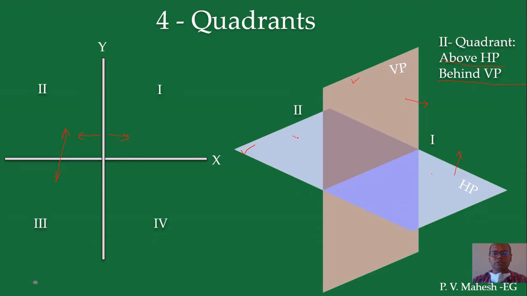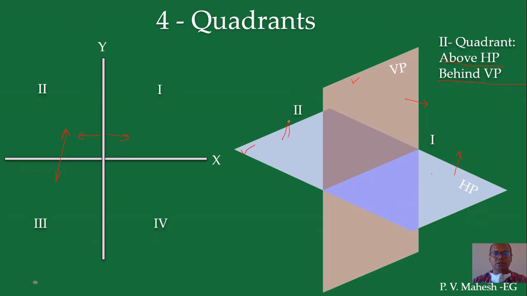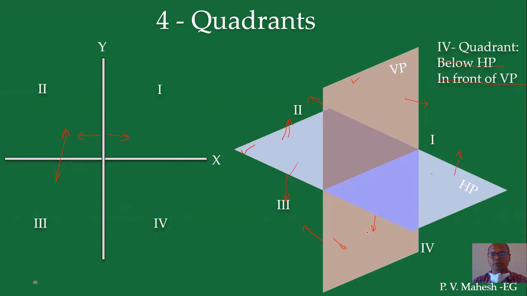Similarly, the space which is above the horizontal plane and behind the vertical plane is the second quadrant. The space which is below the horizontal plane and behind the vertical plane is called the third quadrant, and the space which is in front of the vertical plane and below the horizontal plane is called the fourth quadrant.